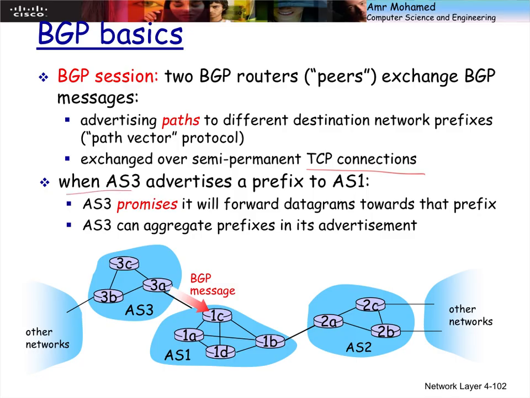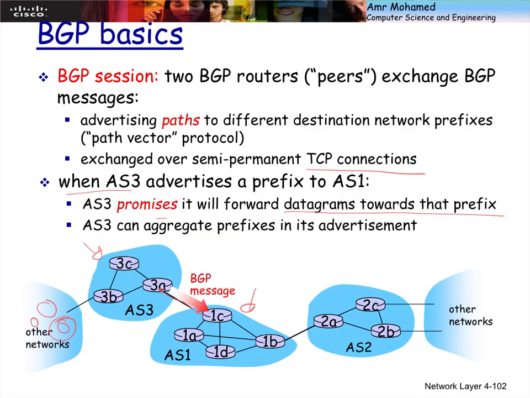So for example, when AS3 advertises a prefix to AS1, a prefix about some networks here, which are reachable to AS1 through AS3, what that means is AS3 promises it will forward these datagrams towards that prefix. So if AS1 wants to send datagrams to one of the destination networks here, it sends them first to AS3, and AS3 will take care of this.